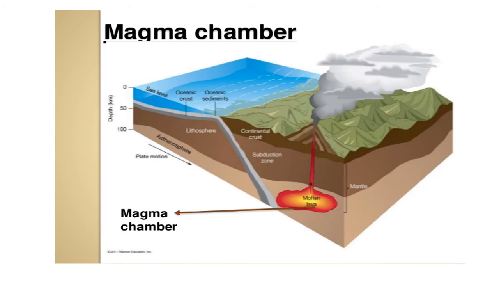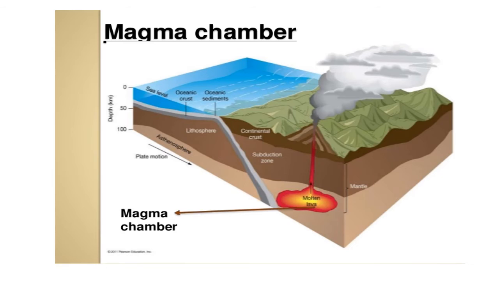Children, on the screen, you can see that from the magma chamber, the molten lava comes out with the help of a vent on the earth's surface. Mainly it happens during a volcanic eruption.